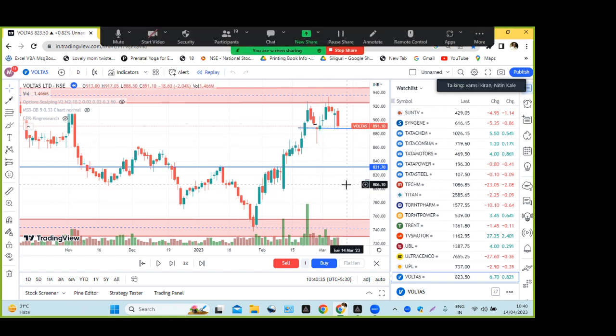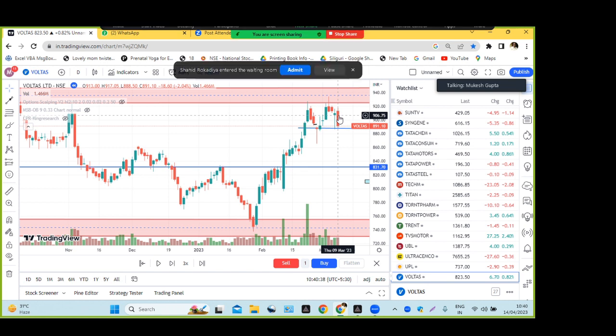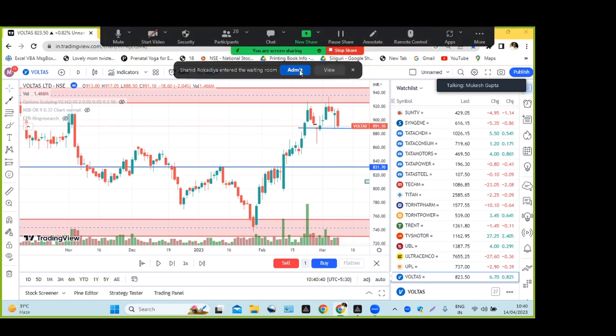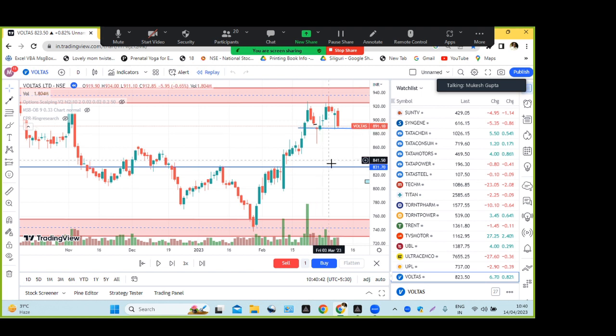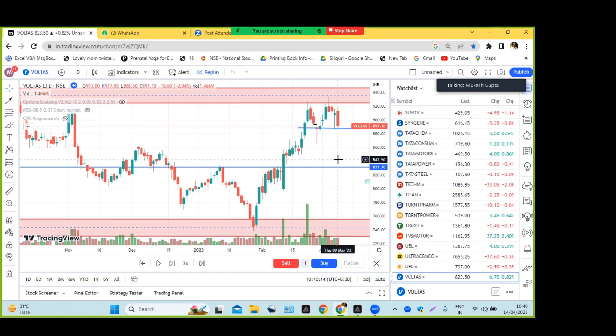Okay, now first thing is my favorite candle. It is Marubozu, very good. Should I trade or not? For that, what I have told is I have to see the history. From the past so many days, 1, 2, 3, 4, 5, 6, 7, 8, 9, 10, 12 days, the stock is at this level only. Why? If he wanted to go, it should have gone.